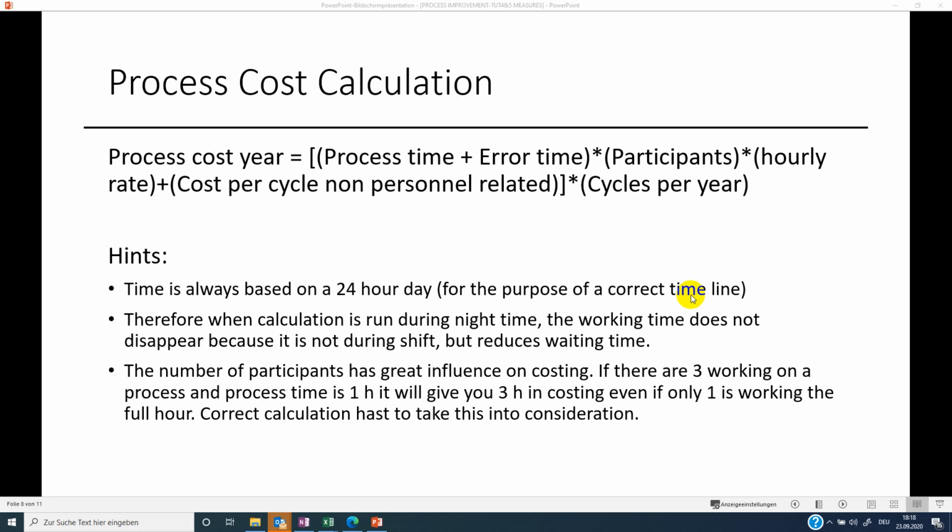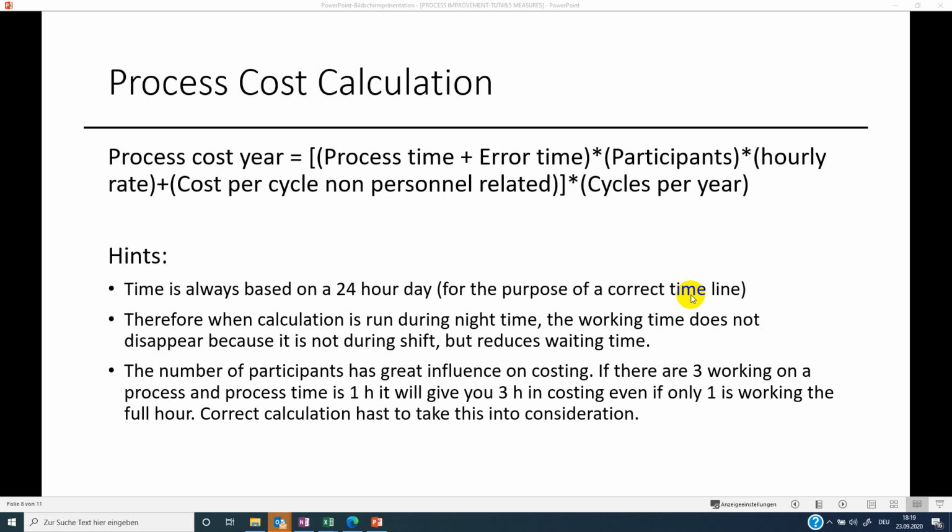Additionally, what is very important to understand, all the times that you put into the tool are based on a 24-hour day, not on an 8-hour day, not on a shift view, because shifts may differ between different entities or in different countries.